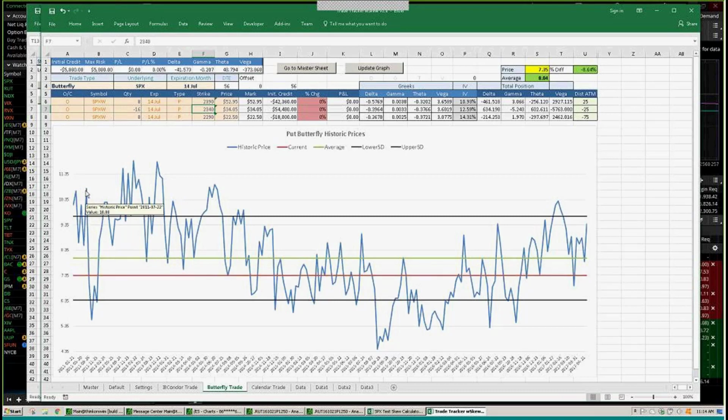So you can see up here, this is from July 22nd of 2011, and the value of this butterfly on that date. So this blue line tracks the butterfly pricing by date. The black lines are one standard deviation away from the average. This is the average price, and the red line is today.